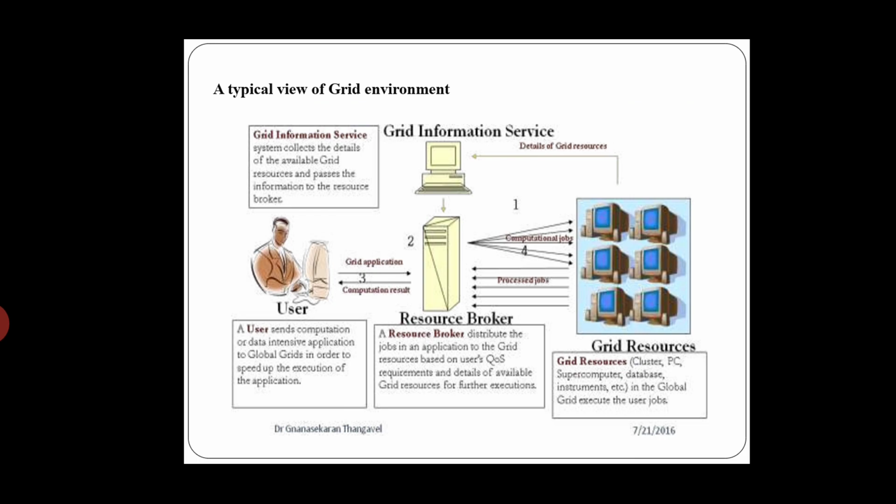The resource broker distributes the jobs in an application to the grid resources based on the user's quality of service requirements and details of available grid resources for further execution.